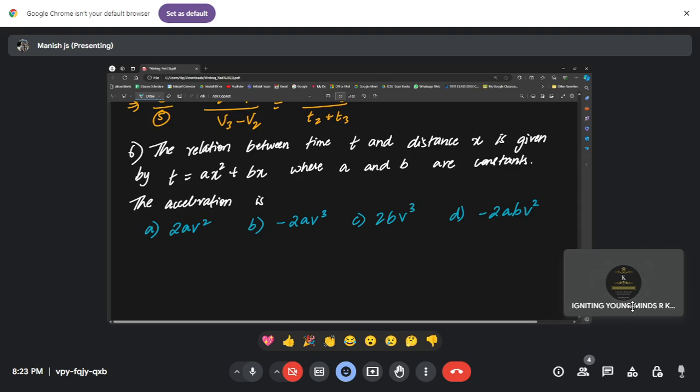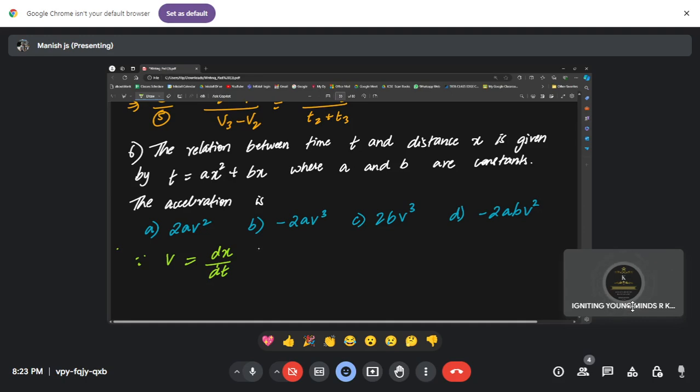To calculate velocity, you know that velocity is a function of displacement, since velocity can be written as dx upon dt, which is the rate of change of displacement. So I can write everything in terms of displacement.